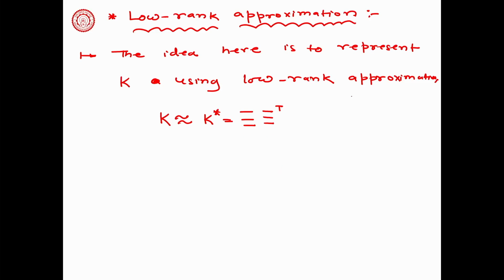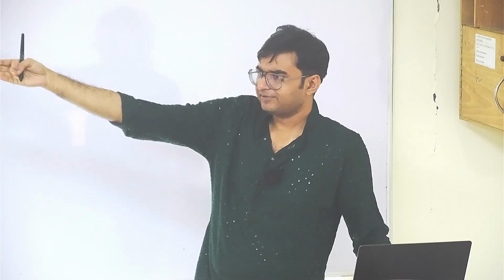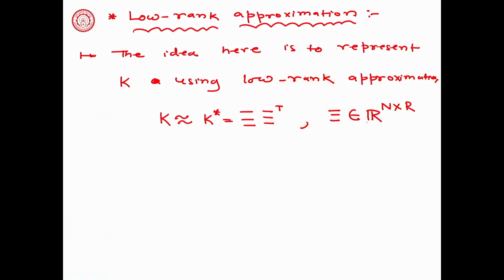Where Xi is n cross r. Here we are assuming that r is the rank of the matrix and r is much lower than n.